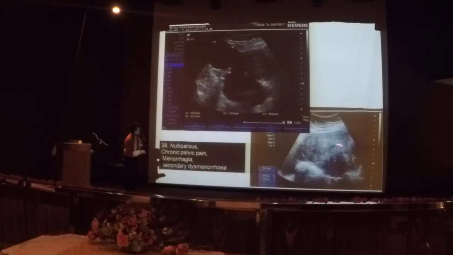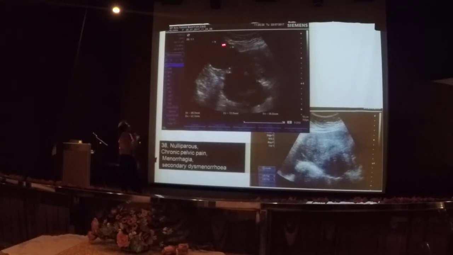Same patient as this one. If you look closely outside the uterus, they have bilateral ovarian cysts. Looks simple, but there is a thickening inside. The capsule appears thickened with adenomyosis.